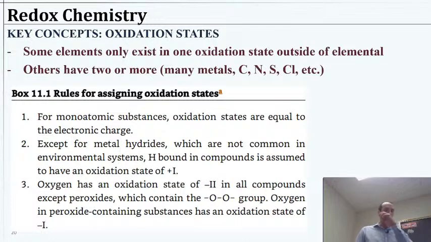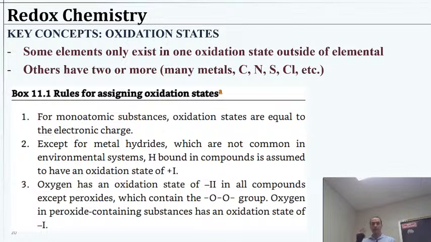Okay, so the rules. For monatomic substances, so single atom substances, the oxidation states are equal to the charge, right? Mg2+, that's a 2+ oxidation state. Pretty obvious on that one.